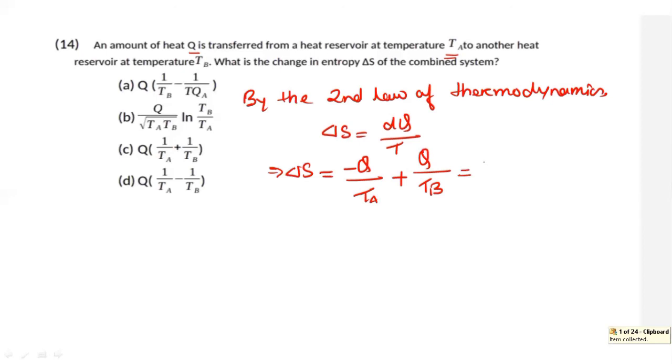So finally, taking Q common, you will have Q times 1 by TB minus 1 by TA. This is delta S. So the correct option is option A. You can see it is Q times 1 by TB minus 1 by TA. This is not Q, this is just TA.